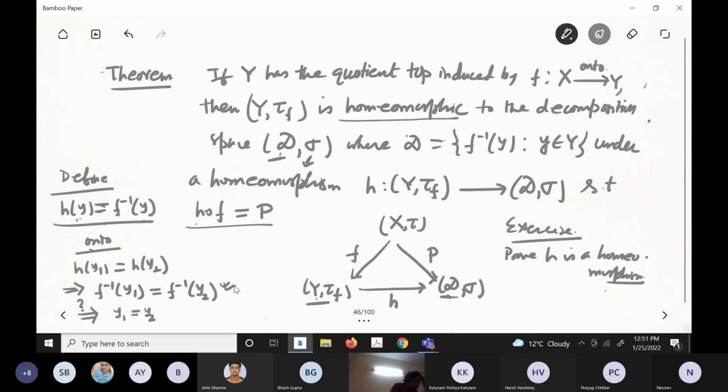H(y1) equal to H(y2), y1 equal to y2. But what is the meaning of this?